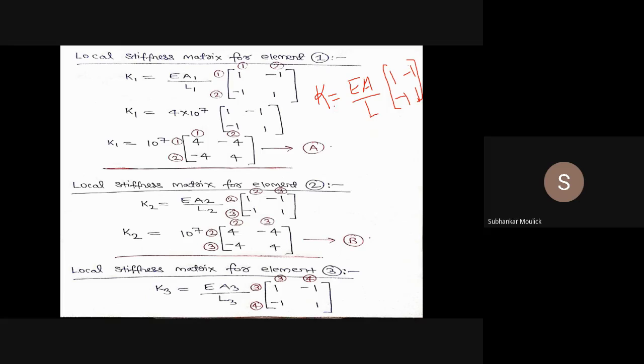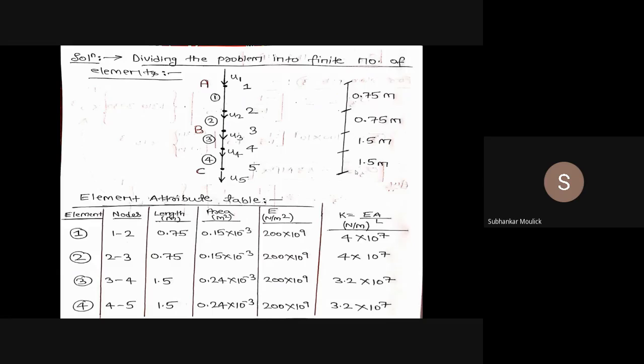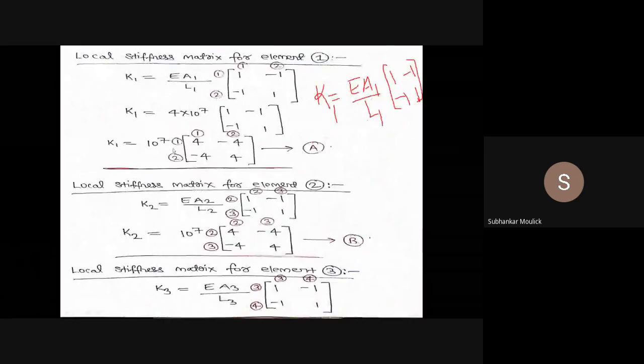Now for element 1, this is K1, E into area A1, length of the element L1. We have already found out for element number 1 that EA by L1 is 4 into 10 to the power 7. So I can write 4 into 10 to the power 7, times the matrix 1, minus 1, minus 1, 1. Now I can multiply 4 inside the matrix.